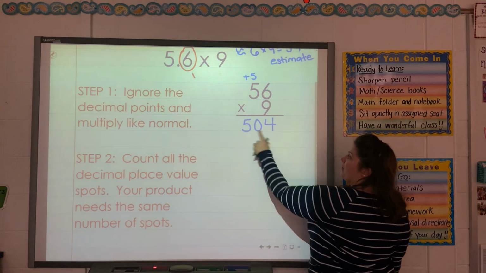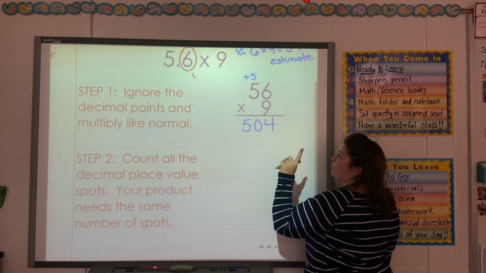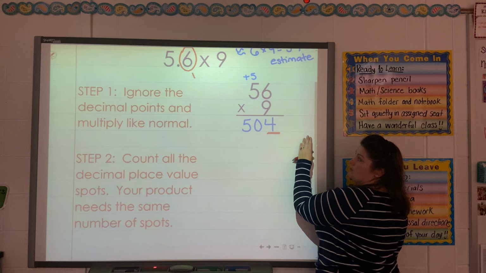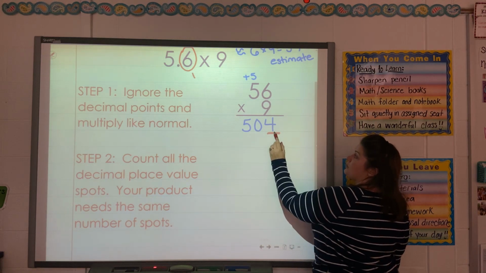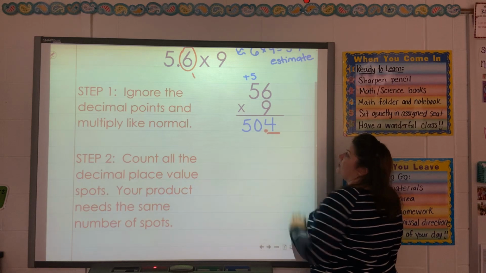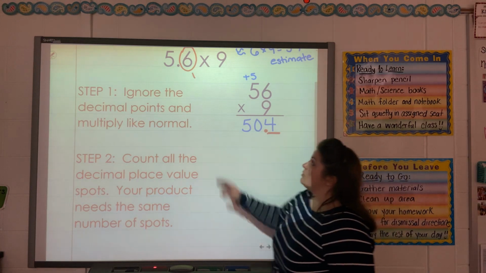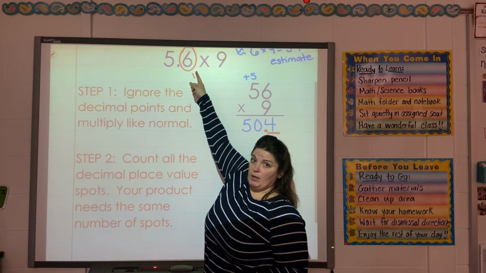So I'm going to go back to that 504 and make it so there's only one decimal spot. And we start from the right and move over. So here is our one decimal spot, and I add my decimal point. In other words, that was in the tenths, okay?